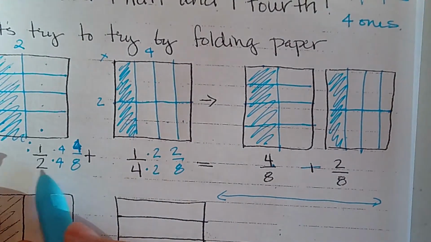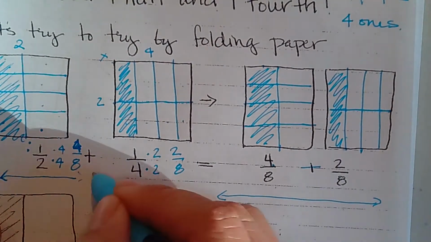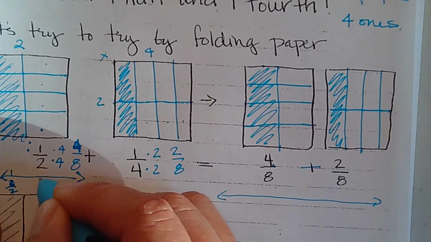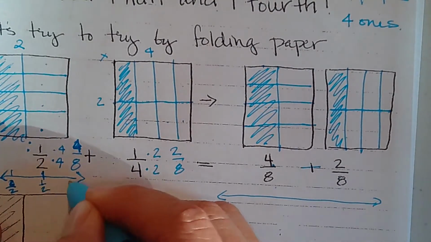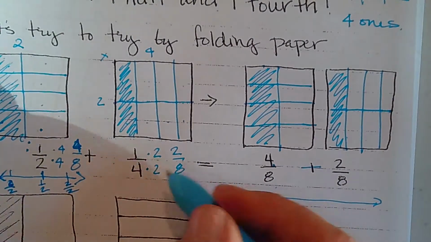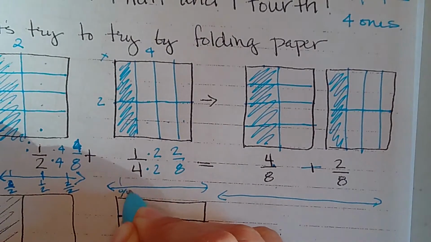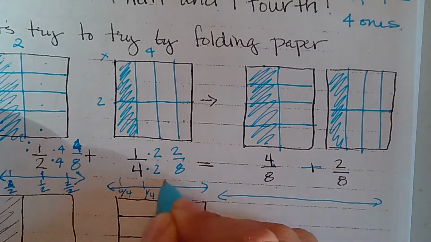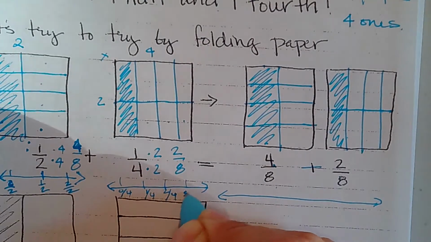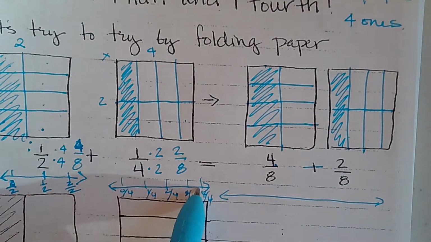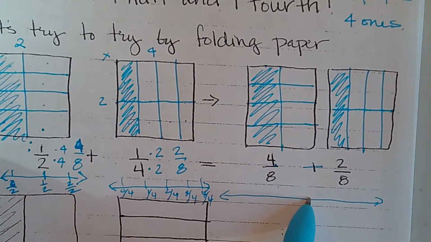Before, this was sitting on the halves number line, or the 2/2, right? So this would be 0/2, 1/2, 2/2. This one sat on the fourths, 0/4, 1/4, 2/4, 3/4, 4/4. Now we took these two fractions and we moved them to a like number line.